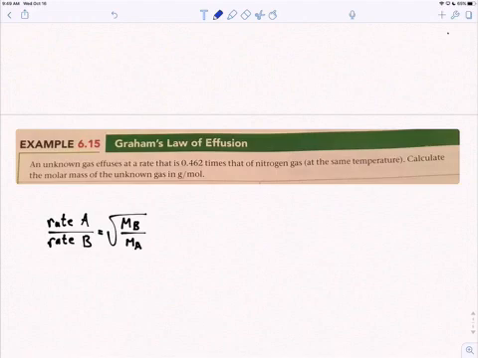So meaning we had two things. It was 0.462 times that of nitrogen gas.